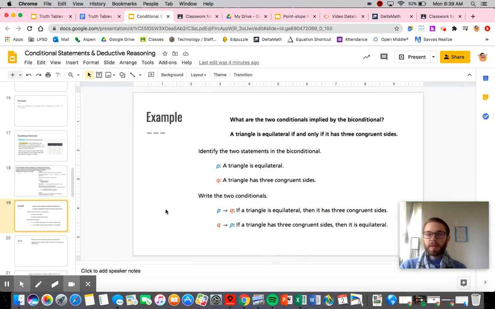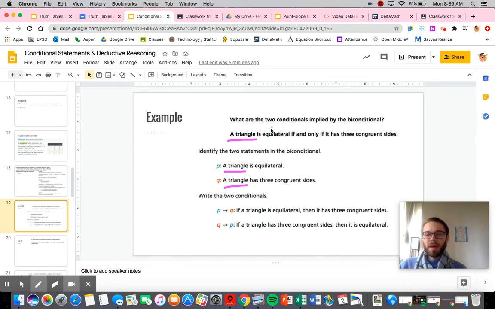Let's look at another quick example. What are the two conditionals implied by the biconditional? You do need to be a little bit careful with these, because even though the word triangle comes up only once, triangle is applying to both parts. You have to make sure the sentences in and of themselves make sense.